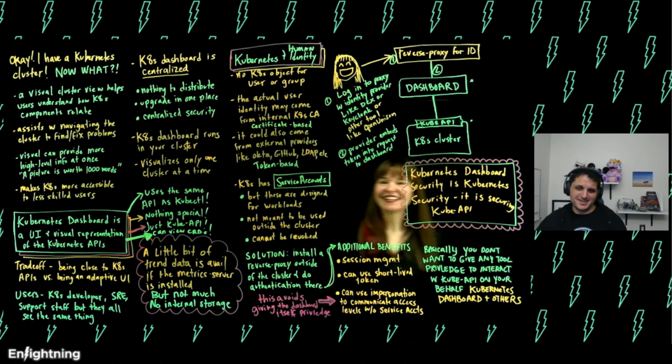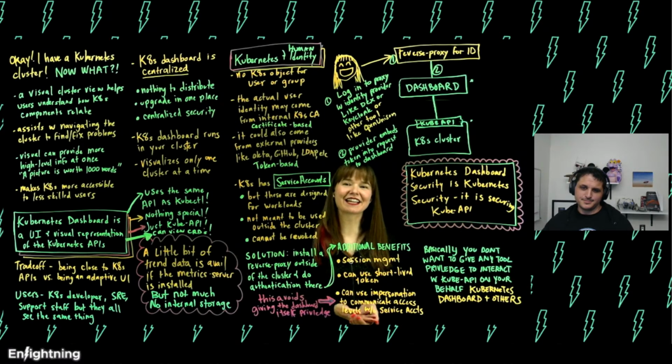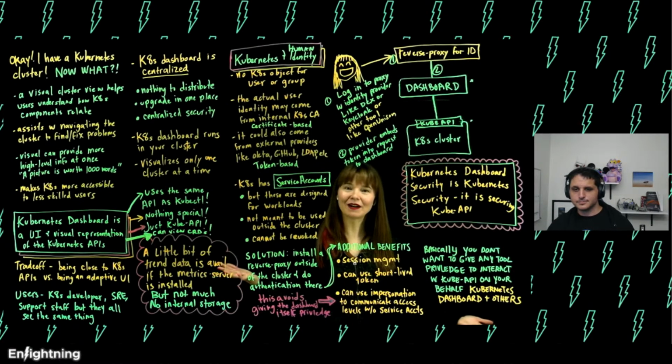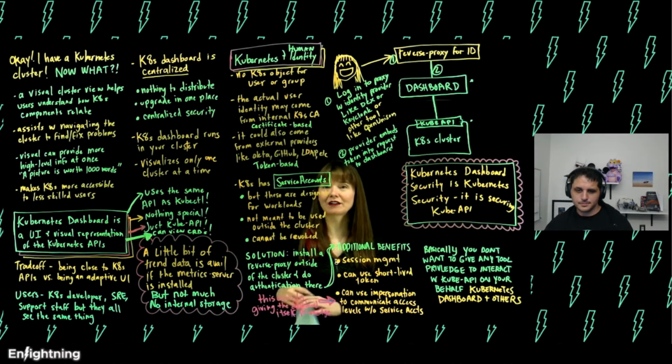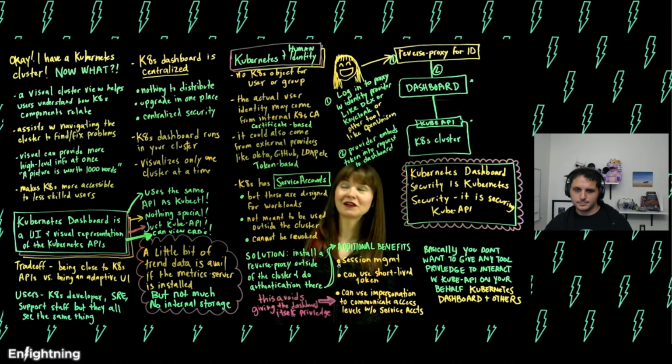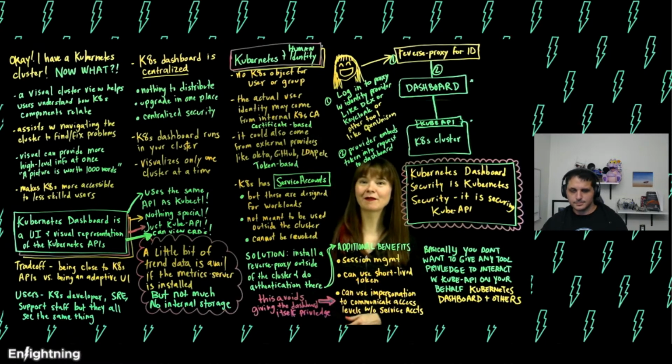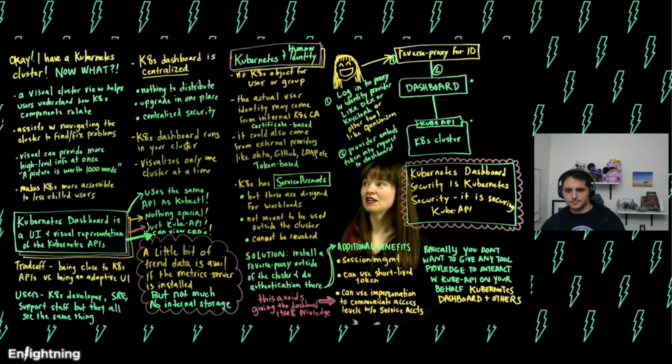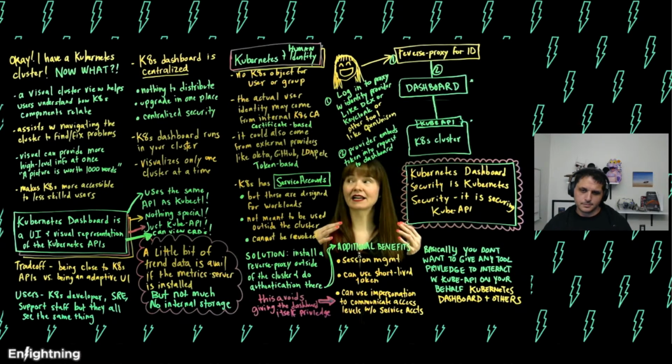All right. So basically with Kubernetes Dashboard, you install a Kubernetes cluster and you're like, yes, I did it. Now what? And then you're like, how can I see what's happening? You of course can use kubectl, but as a user, you may want other ways to look at it too. So a visual cluster view helps users understand how Kubernetes components relate.